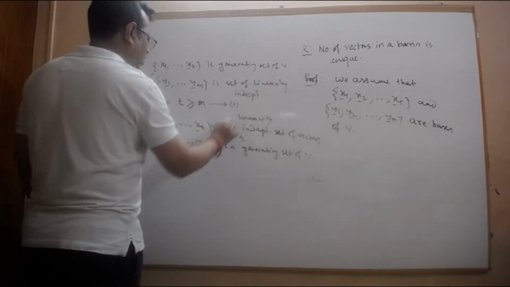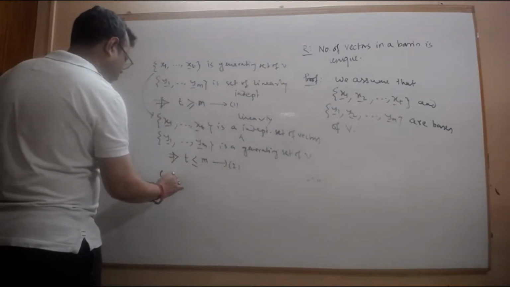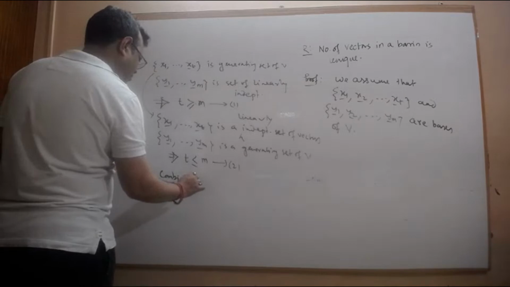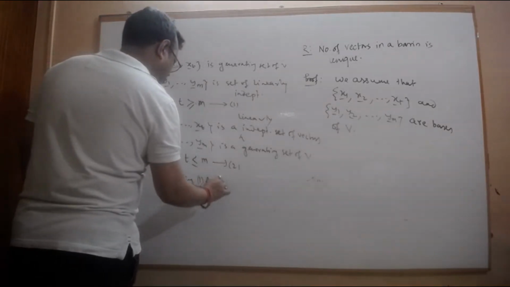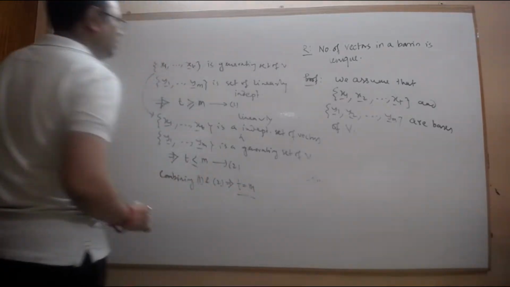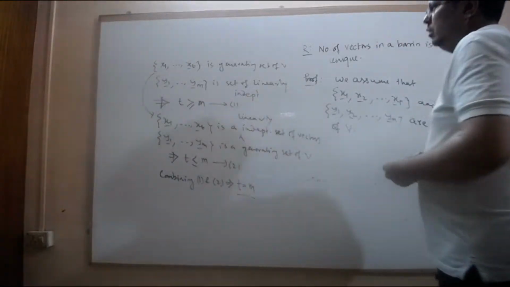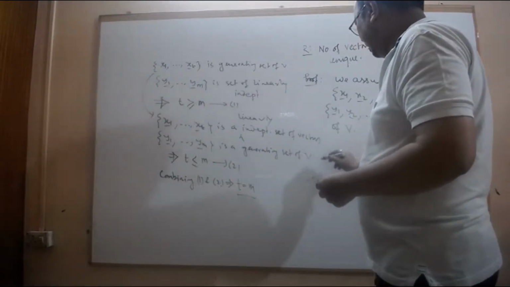So combining 1 and 2, we write that T equal to n. Hence proved. So this is the end of today's class.